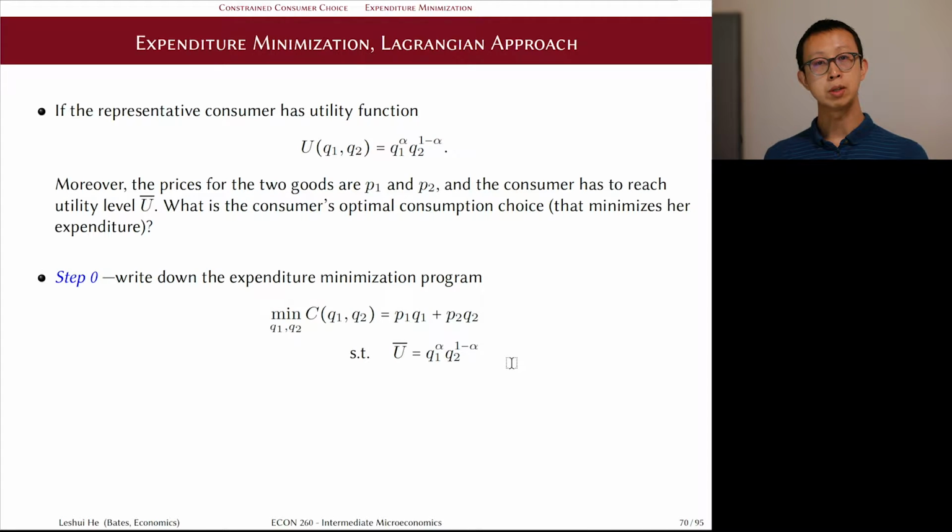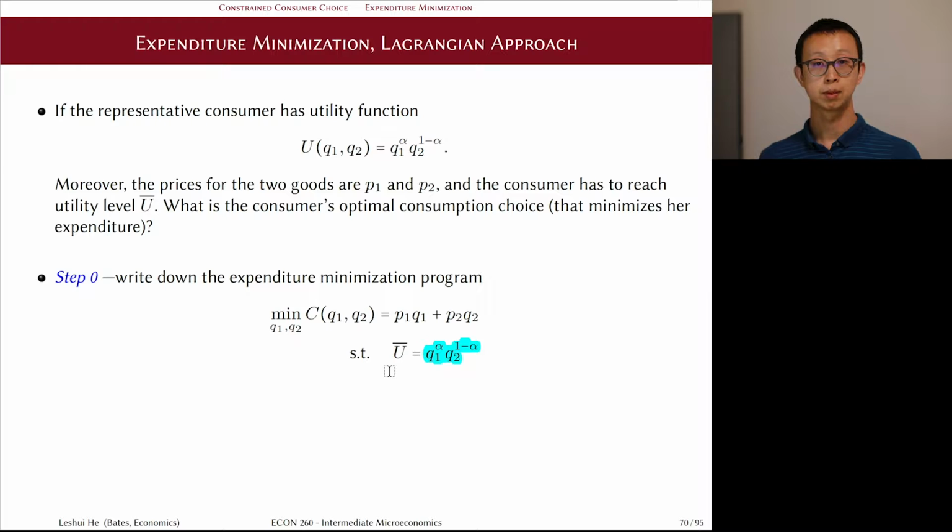Just like before, we need to write down our objective and our constraint. The objective here is just the total amount of expenditure we'll incur on these two goods of Q1 and Q2. And we're trying to minimize it by choosing this pair of quantities Q1 and Q2. The constraint in this case is that the utility delivered by these two quantities combined must reach this desired level of U bar, which is now an exogenous variable.